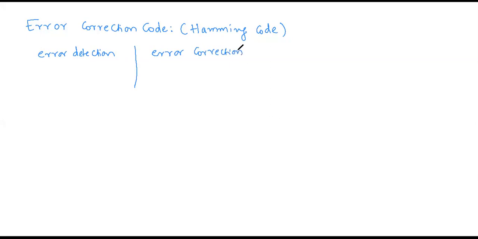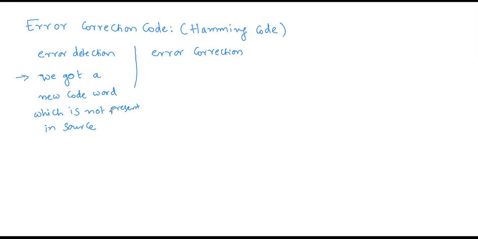Why? If we detect the error, that is okay, na? No. Error detection means we got a new code word which is not present in the source.